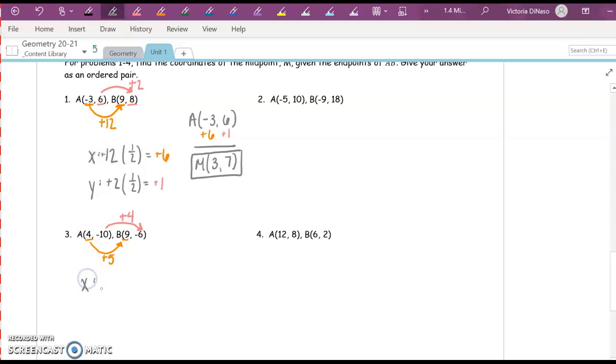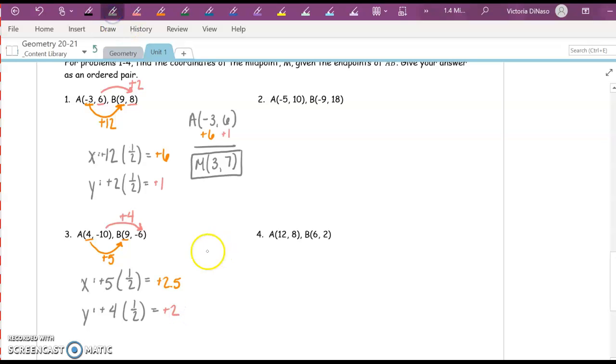So for x, we're moving +5. For y, we're moving +4. I'm going to take half of each of these. So half of 5, we get 2.5. Half of 4, we get 2.